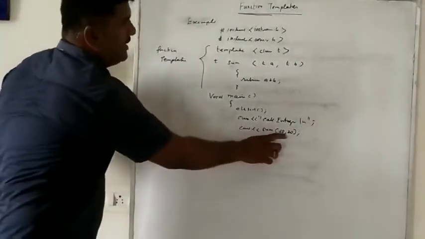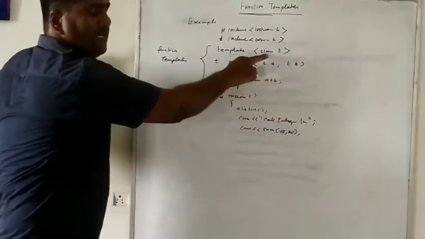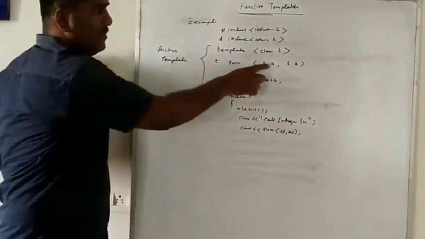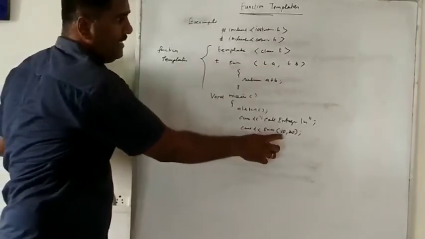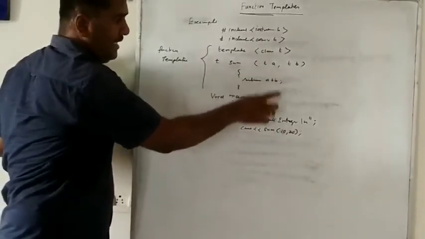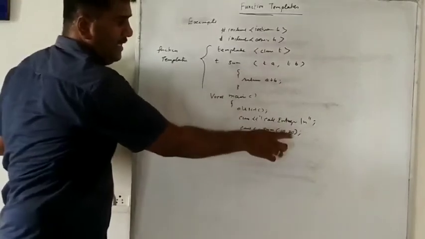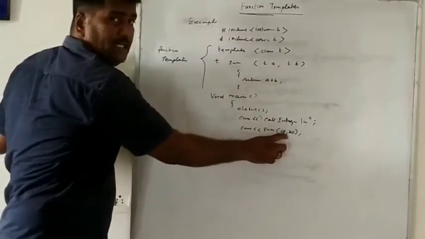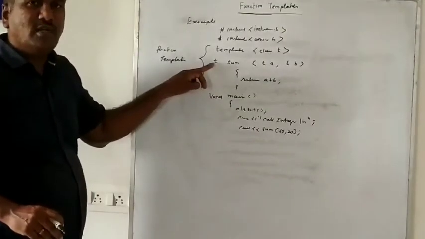So here the integer value is passing to the class T. So T is the integer, and the return type is also integer. The 10 is assigned to A, 20 is assigned to B. Both are integers, so the return value is also integer.